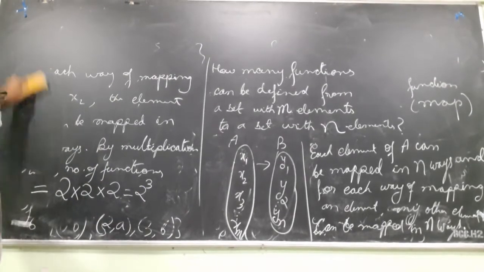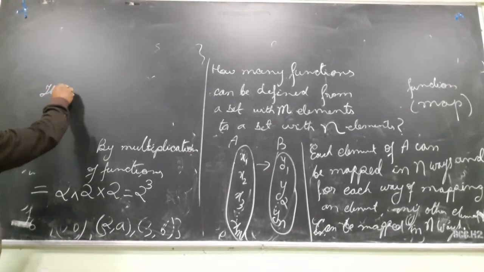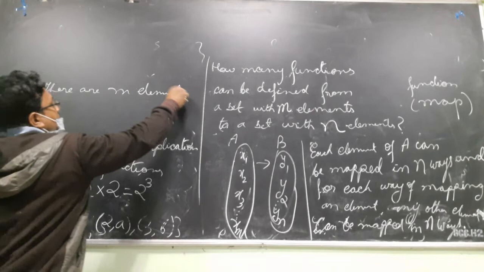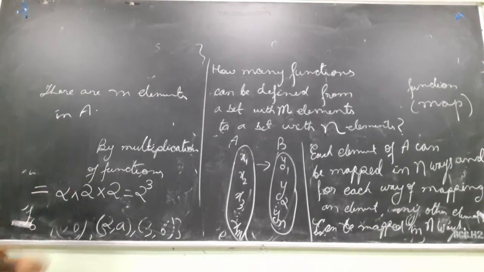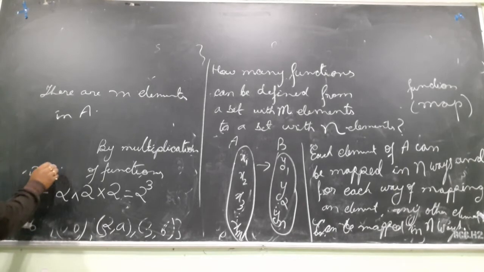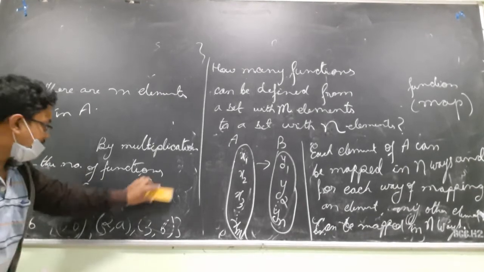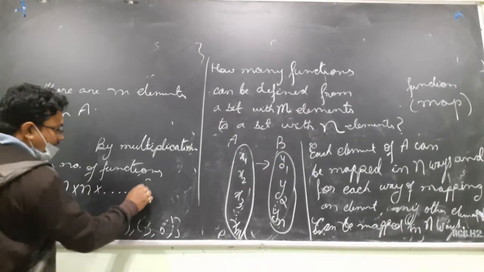So by the multiplication rule, there are m elements in capital A, and the number of functions will be exactly n multiplied with n, how many times?